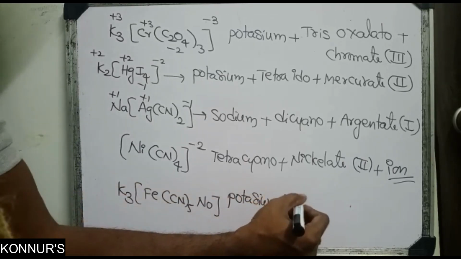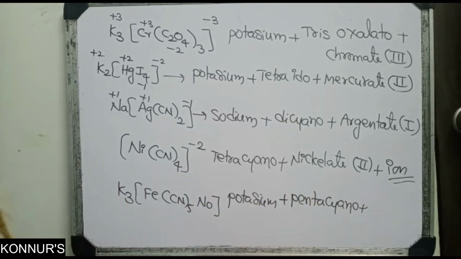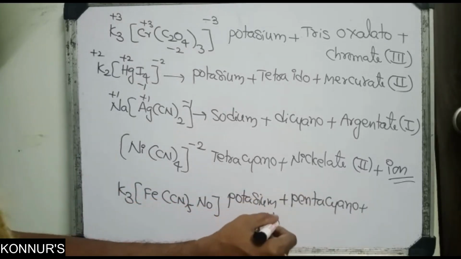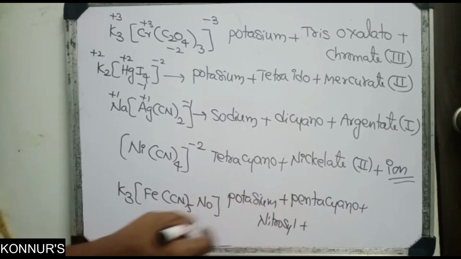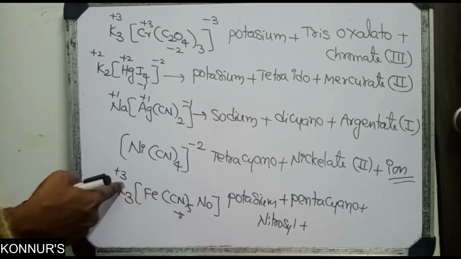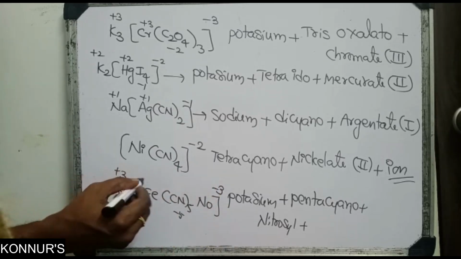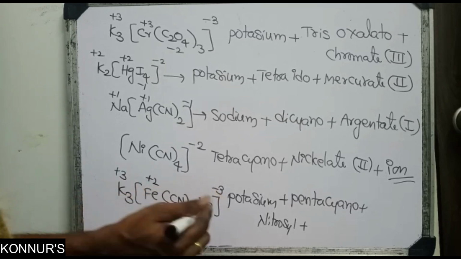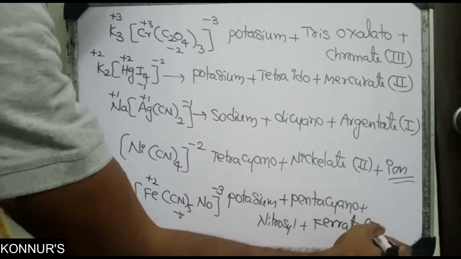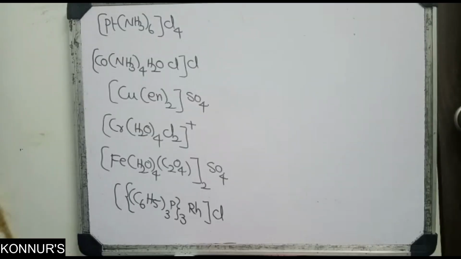So pentacyano, nitrosyl. Next here 3 positives. Here 5 negatives. So 3 positives means here 3 negatives. So in 5, 3 are there. So iron is 2. Complex sphere contains negative. So that's why you write ferrate. So 2. So nitrosyl is what? 0. Oxidation state.